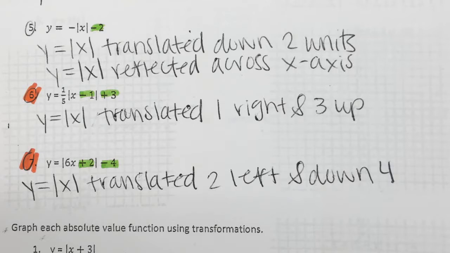And the number we were focused on was what? Good. So is 1/5 greater than 1 or between 0 and 1? So it would compress vertically. So now for the next one, try to figure that one out.